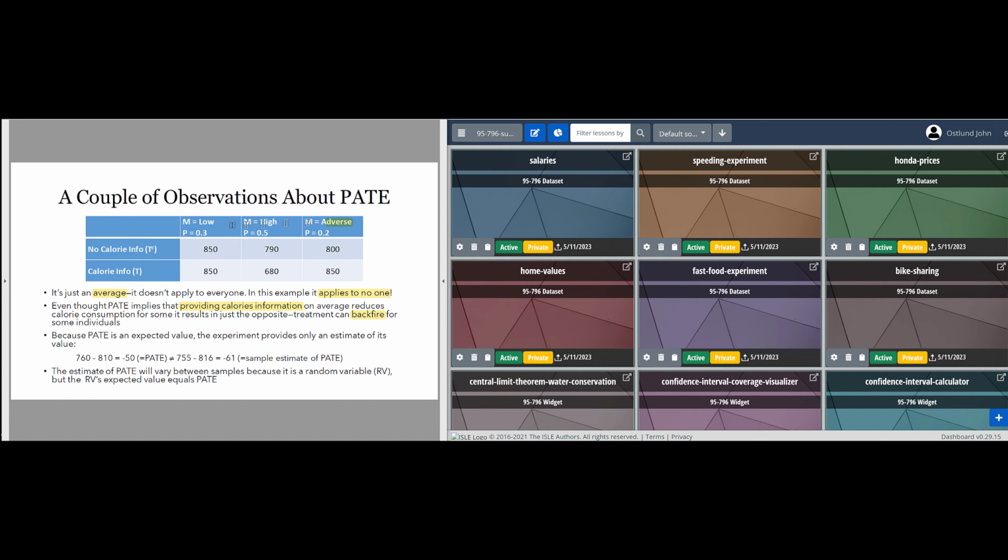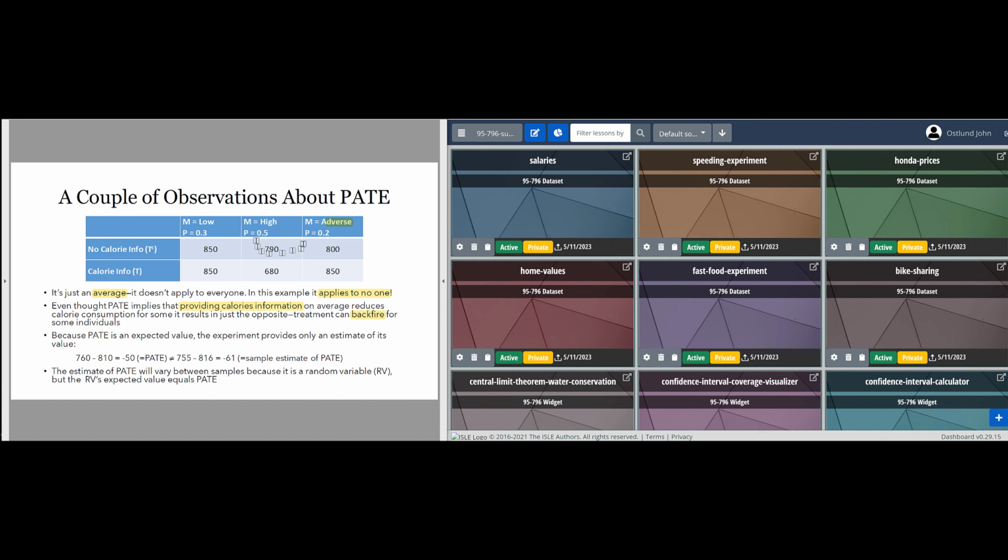remember that we have these different people with these different levels of motivation. It's likely that everybody who is highly motivated is going to ask for the information. People who are adversely motivated are definitely going to not want the information and may still eat more, even after having not taken the information. And there's probably going to be no effect on this unmotivated group.